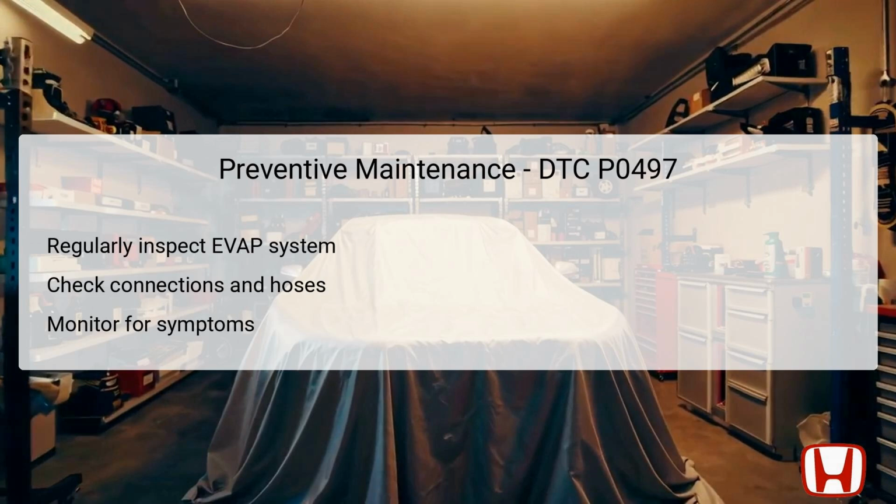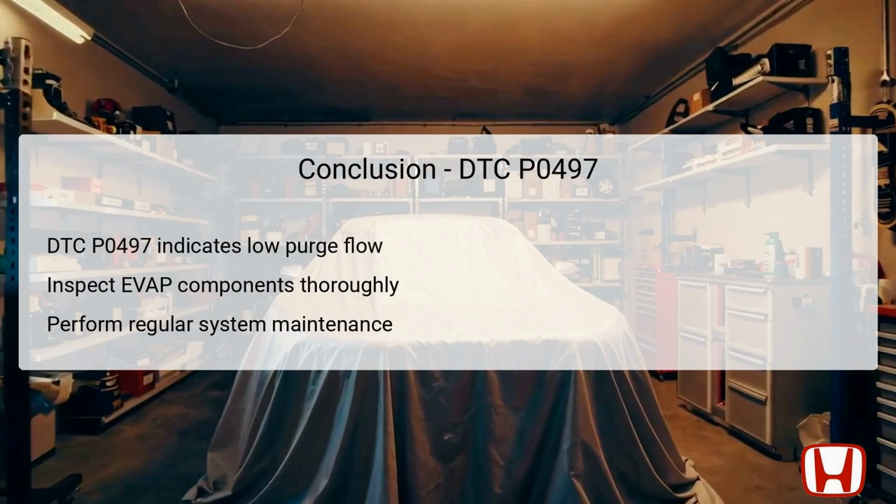Keeping the EVAP system in optimal condition not only ensures compliance with emissions regulations, but also contributes to improved fuel efficiency and vehicle performance. In conclusion, the DTC P0497 highlights a low purge flow condition within the EVAP system of the Honda Accord models from 2008 to 2012.